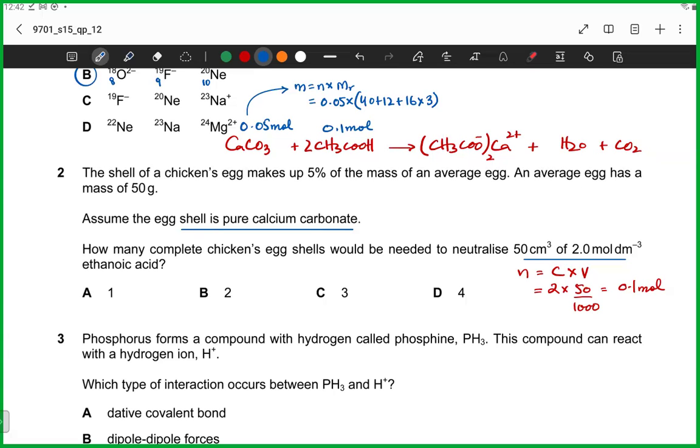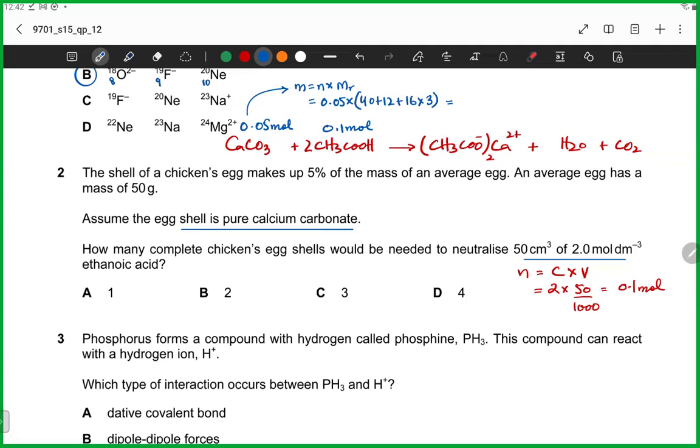One second. You get 3.2. You're not going to get 3.2.